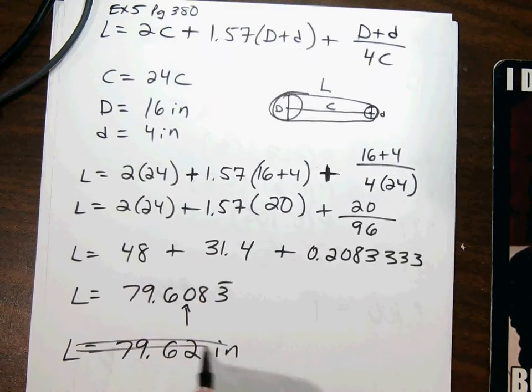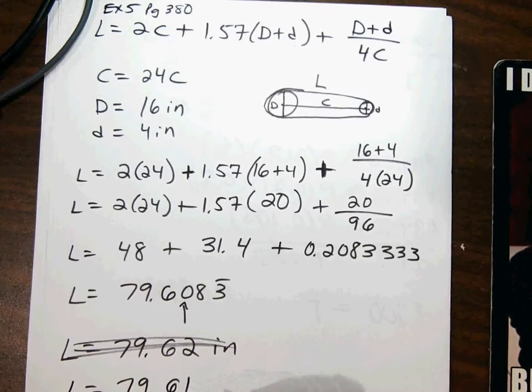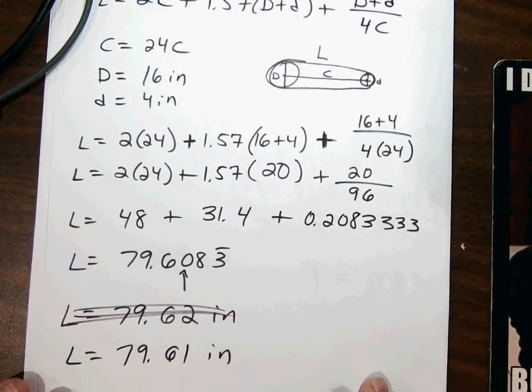All this hard work, I'm making this video, and then I blow it at the last second. Bear with me. 79.61 inches. That's how long our belt needs to be.